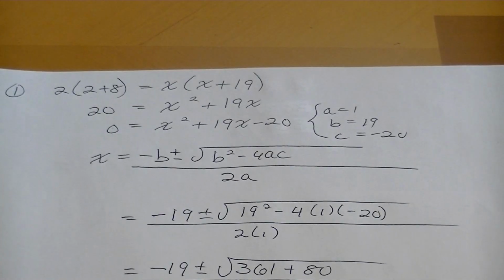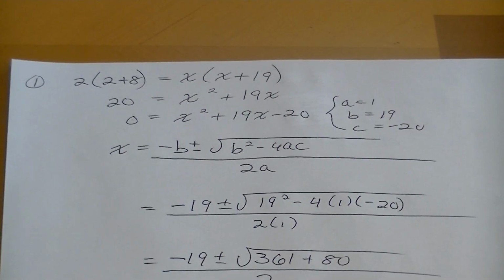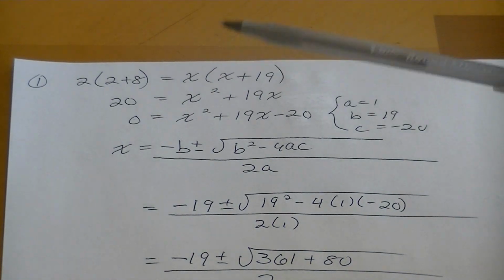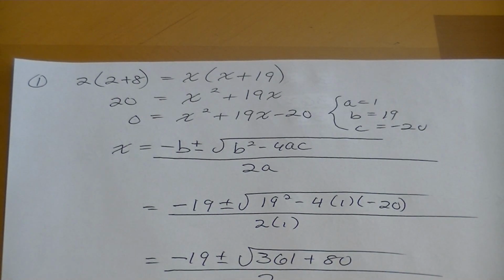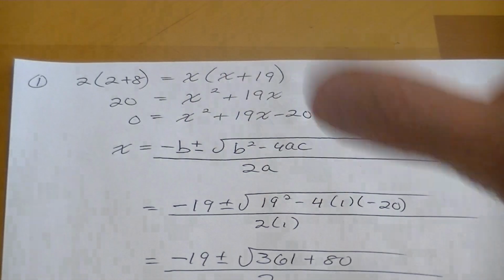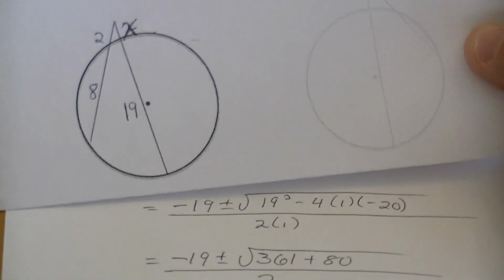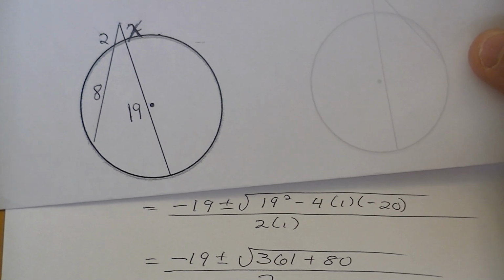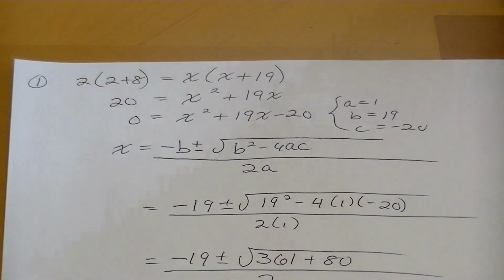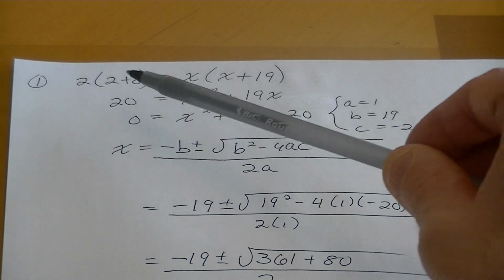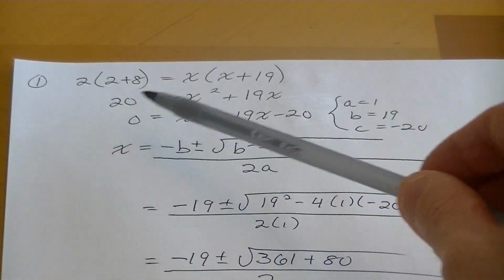So here it is. 2 times 2 plus 8, or 10. Remember that whole secant length is 2 plus 8, 10. So 2 times the whole length of 10 equals x times the whole length of x plus 19. So 2 plus 8, 10, times 2, 20.